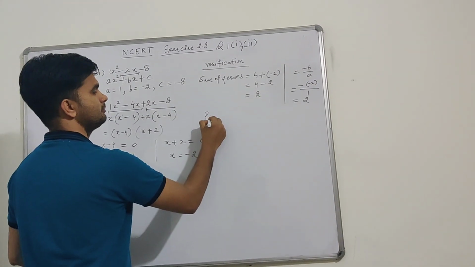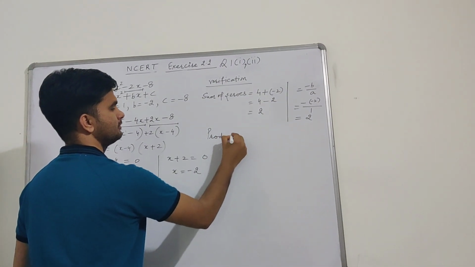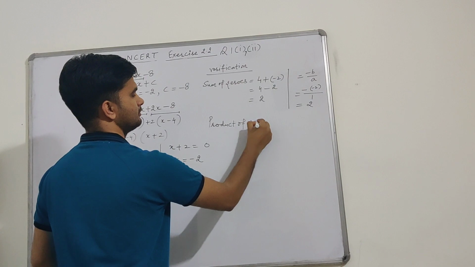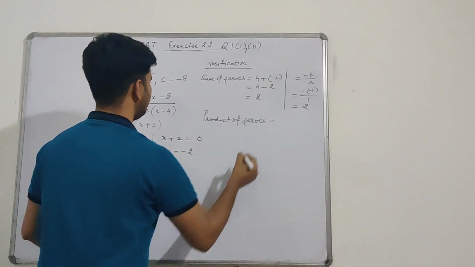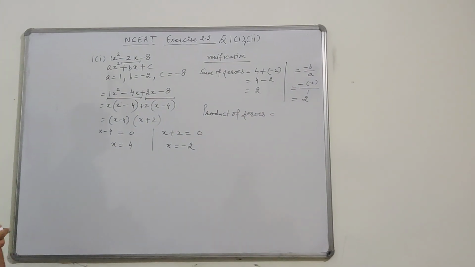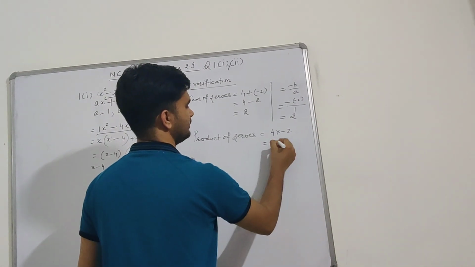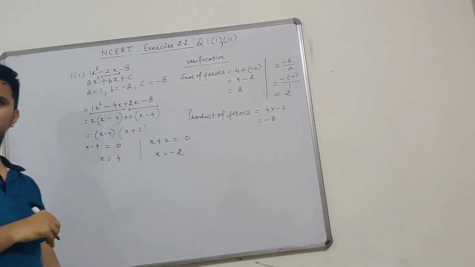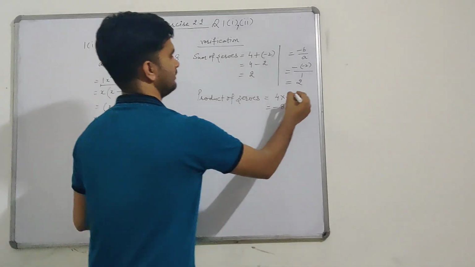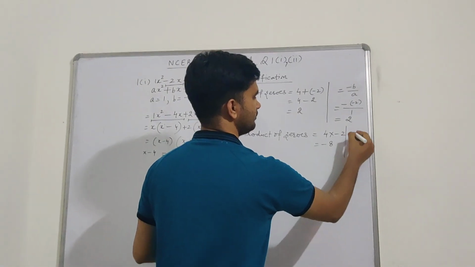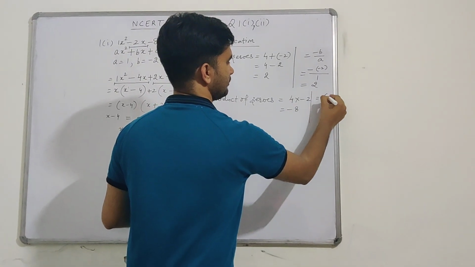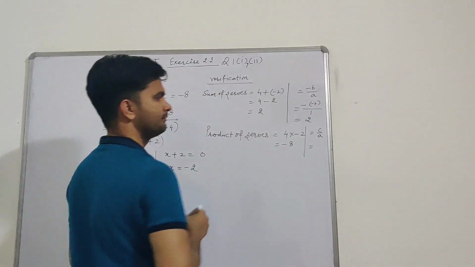Then come to product of zeros. Here the two zeros are 4 and minus 2. 4 into minus 2 is equal to minus 8. And the formula to find product of zeros is c over a.